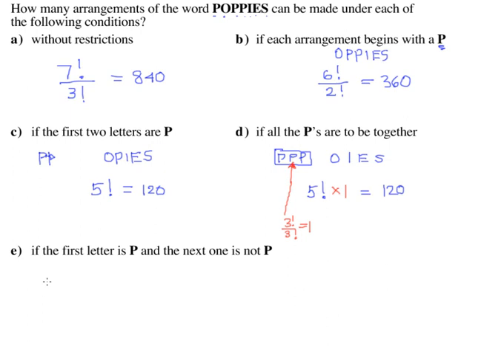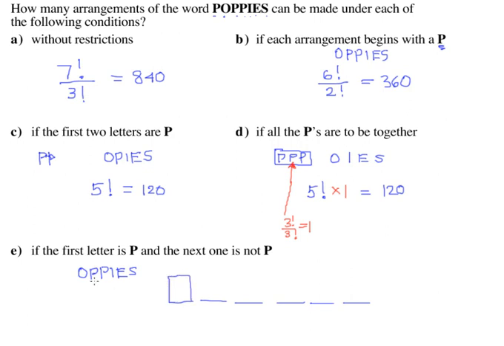And if the first letter is P and the next one isn't, okay, so we've got oppies because they stole the first P and they put it out front. These are the only things that we're responsible for, these 6 letters. So how are we going to do this? I'm considering going back to the space method just because I want to make sure I get this right.